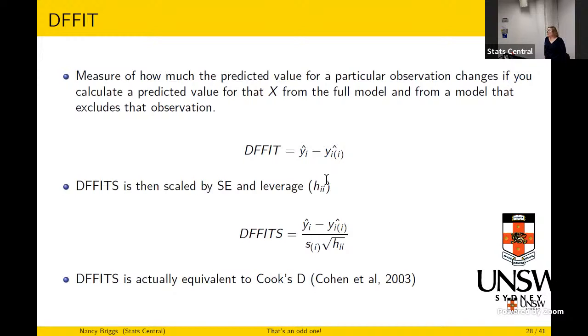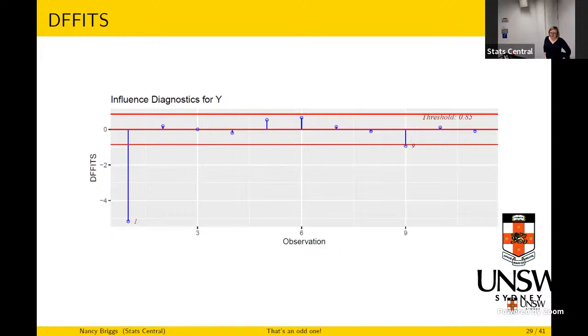Now, it's conceptually quite different to Cook's D, but actually it's really just a mathematical conversion of Cook's D. So this is actually the same measure, but from quite a different conceptual basis. So, while you're not necessarily getting completely independent information, it is coming from a different substantive background and has a different interpretation. And of course, once again, we can just plot it and get some more information about our influence.